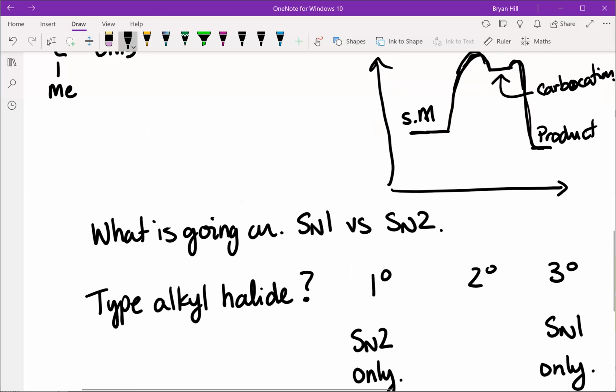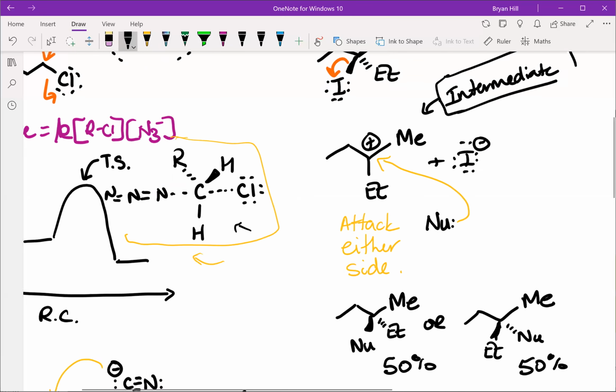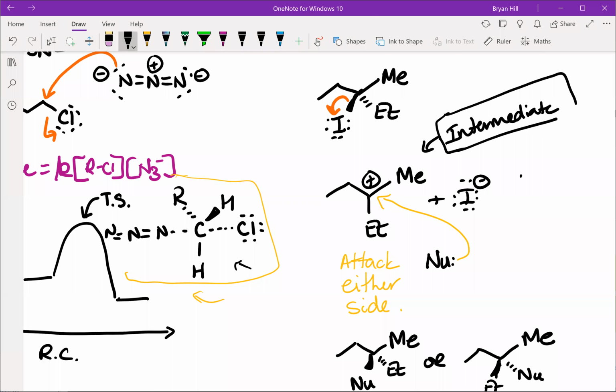This all comes down to the carbocation stability, right? When it comes to carbocations, tertiary is more stable than secondary, which is more stable than primary. So this is the most stable.